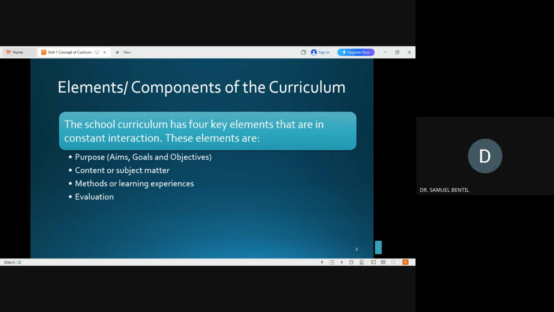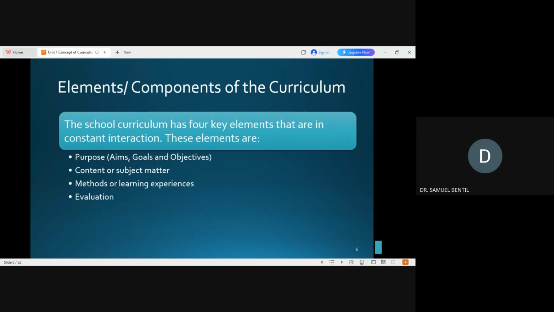Now, let me add that there are some books where you will see them adding a 5th one, which is resources. But you see, when you are talking about the method and learning experience level, the resources are featured in there. So when you still bring resources as another one, that means that your method and learning experience must be redefined to exclude resources.